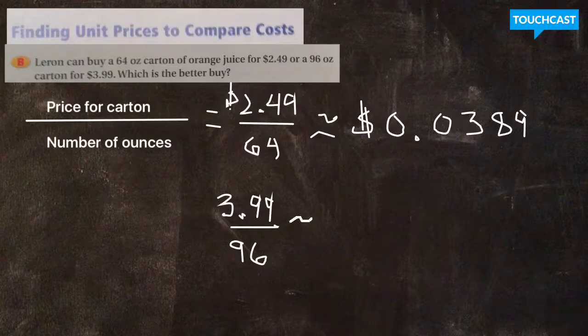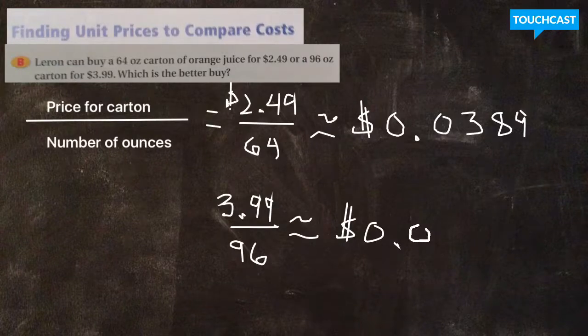If we do the math here, it's going to cost about $0.0416 for 1 ounce. If we were to round this, it really doesn't matter which one we buy, but in reality, we are still saving money if we buy the 64-ounce carton. So the 64-ounce carton is the better buy for $2.49.